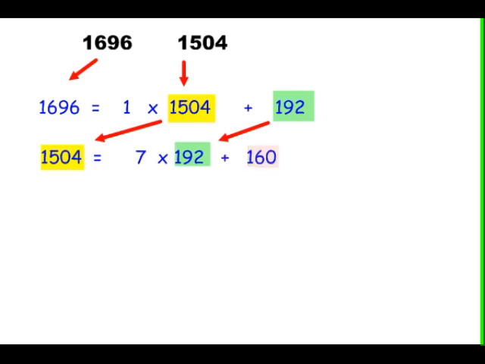We now take the 192 over to the left hand side and we divide 160 into the 192. 192 divide by 160, and we see that it goes 1.2 times. Take away the 1 and multiply the 0.2 by the 160.